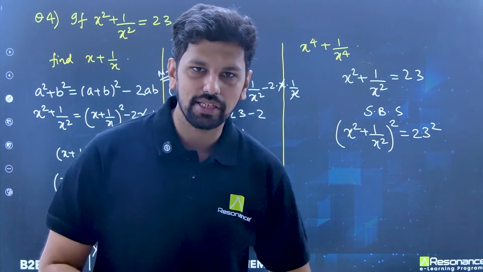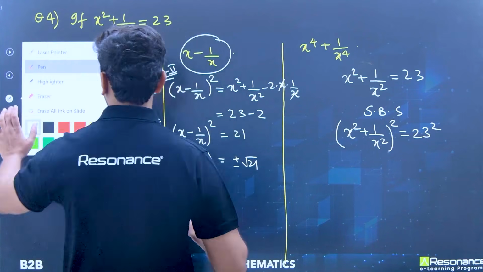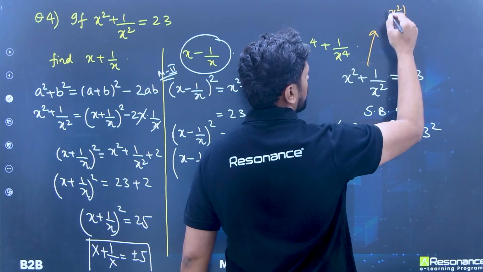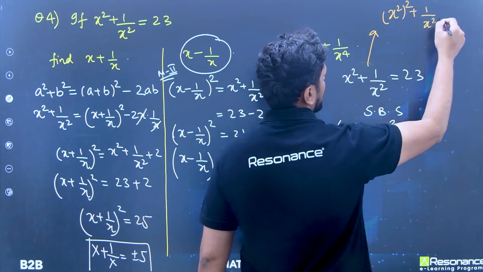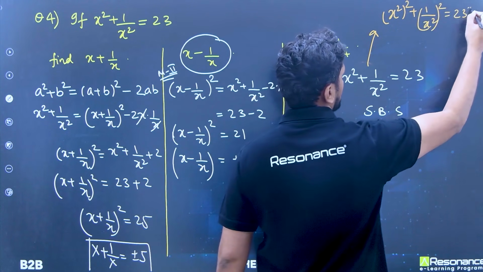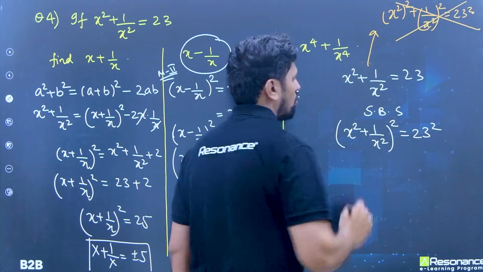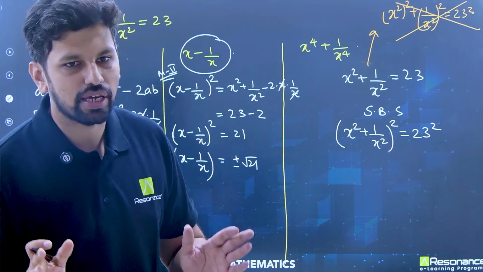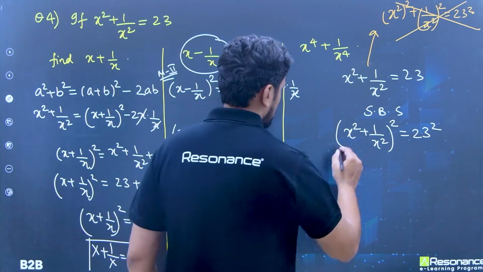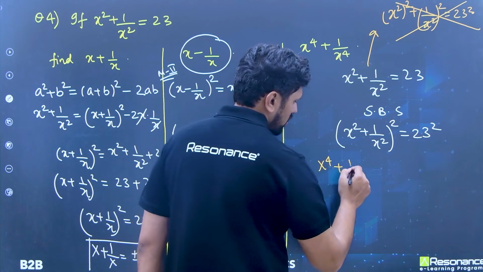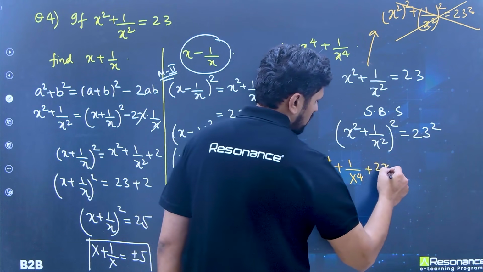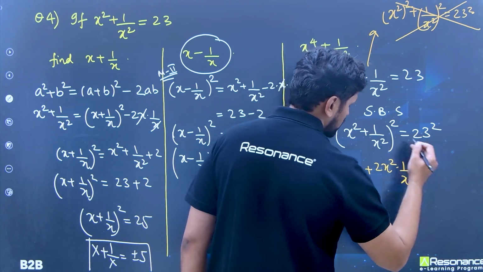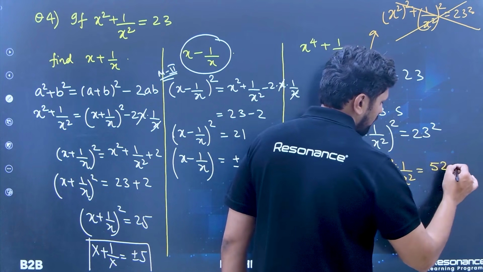Some smart people, what they do, I will just show it here: when I say square both sides, they do x square whole square plus 1 by x square whole square equal to 23 square. And this is wrong. We have to make it a full bracket squared; single terms squared can't be there. So it will become x to the power 4 plus 1 upon x to the power 4 plus 2 x square into 1 by x square, and 23 square is 529.